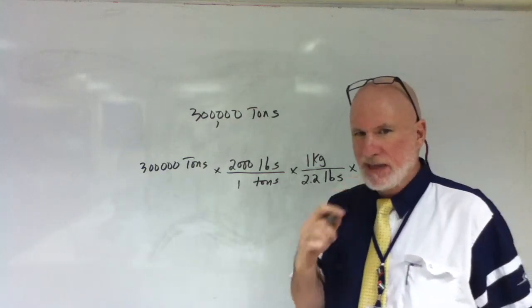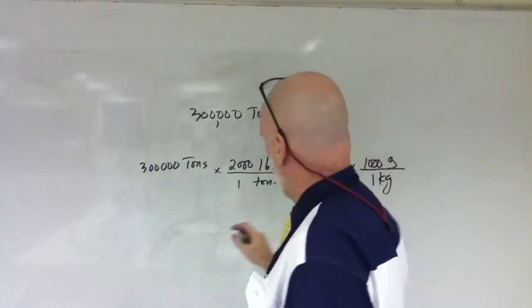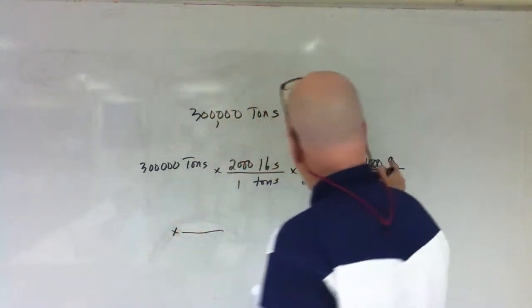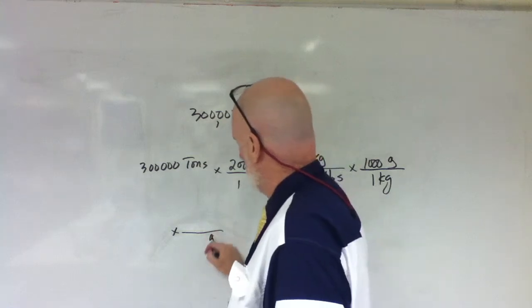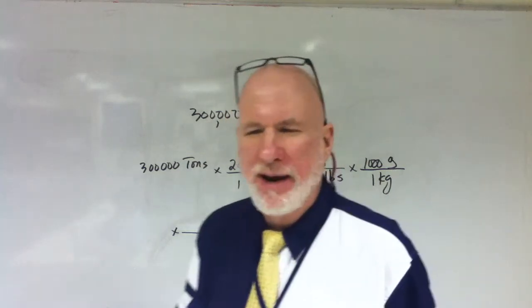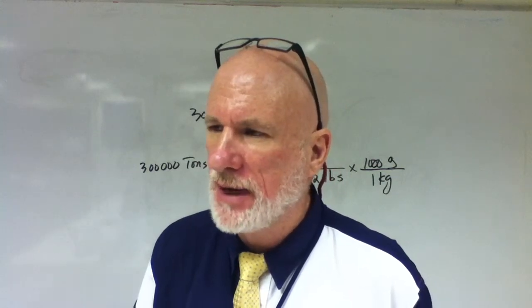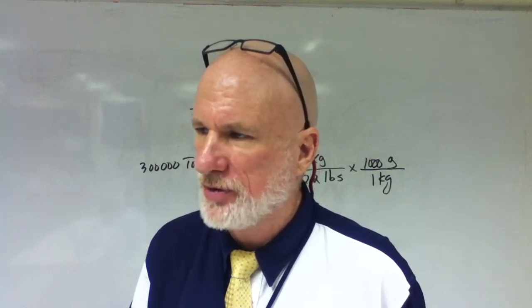Correct? Now we want to convert from grams to liters, right? How many grams in a liter of carbon dioxide? You have the density. That's the reciprocal of the density.